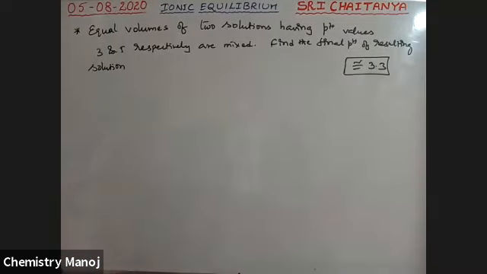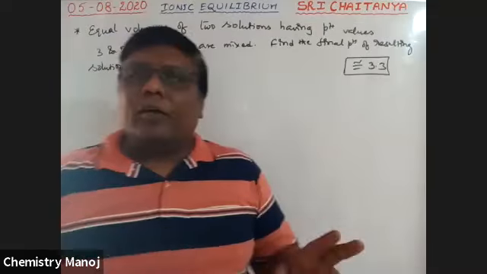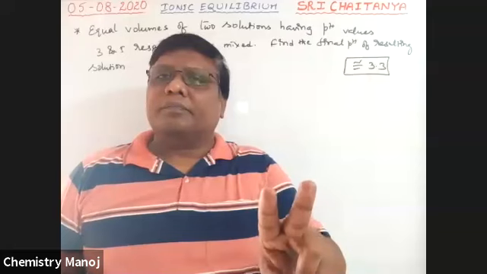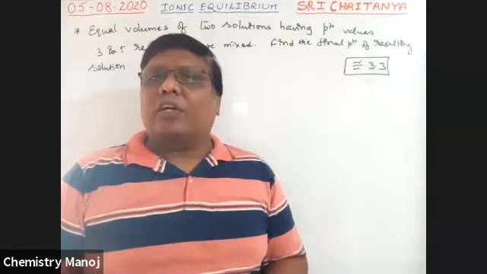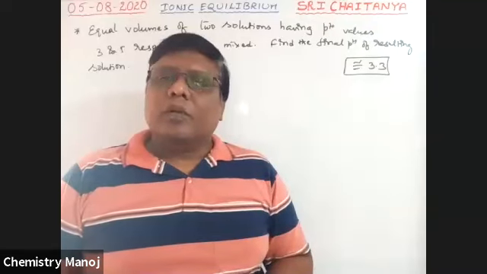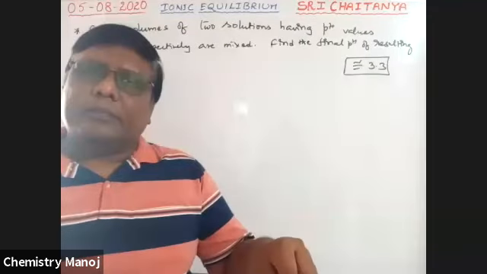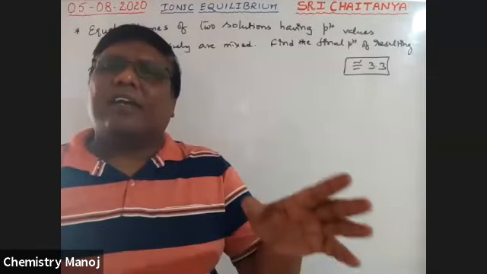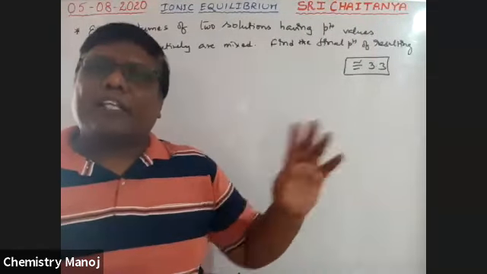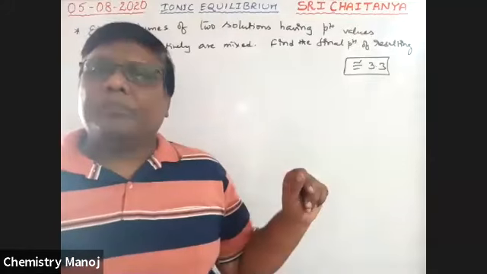Anytime two solutions having equal volumes are mixed, and the pH values are less than 7, this shortcut applies. I will explain how to solve it.